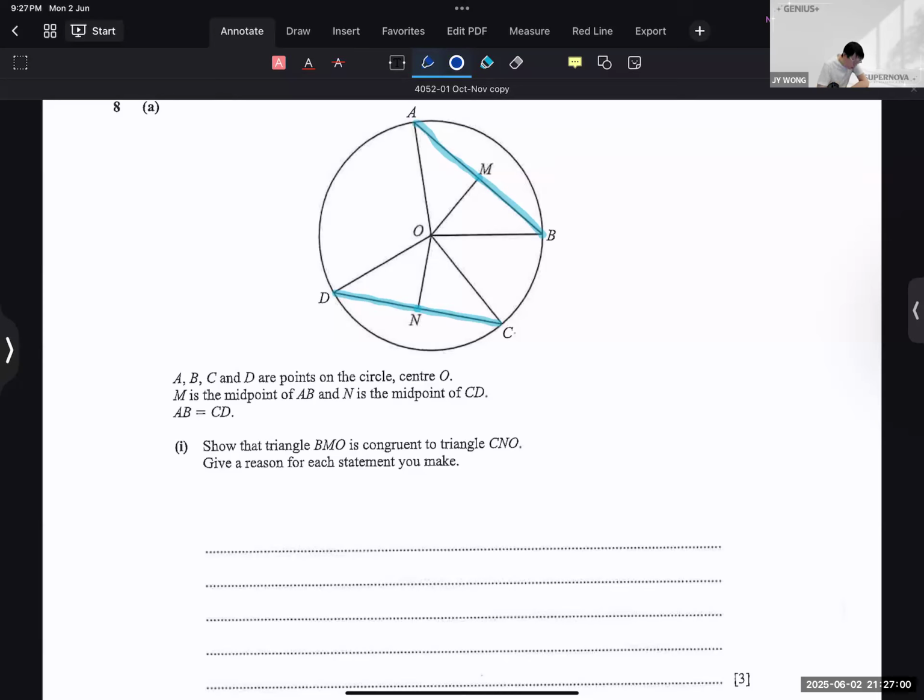I want to show BMO, which is this triangle, equals to CNO, which is this triangle. So the first thing is angle ONC is equal to angle OMB, which is equal to 90 degrees. Why? What is the reason?